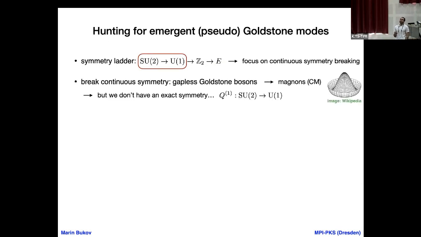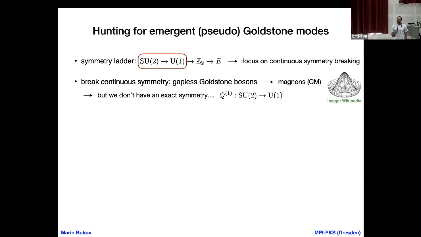And whenever you break a continuous symmetry, we know that there exists a gapless excitation, the so-called Goldstone boson. In the case of the Heisenberg model that I showed you before, the Goldstone bosons would be the magnons.